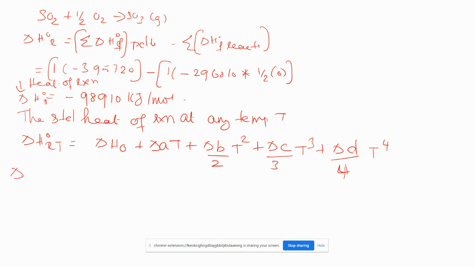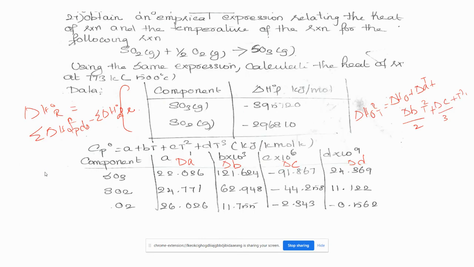So first we have to find del A. How will you find del A? The reaction is SO2 plus half O2 gives SO3. Del A is nothing but products minus reactants. That is 1 into 22.036 minus 1 into 24.771 plus half into 26.026.